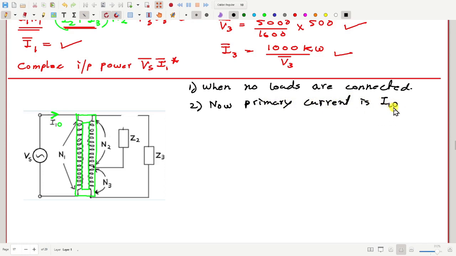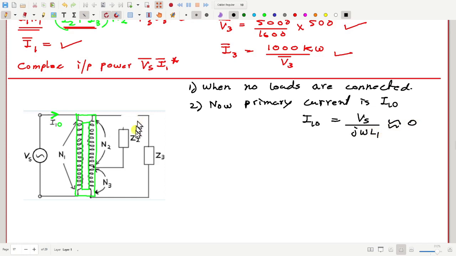Is I10 equal to 0? Is it exactly equal to 0? No. How much is it? This is equal to basically supply voltage divided by j omega L1. And this is approximately equal to 0 because L1 is very high.